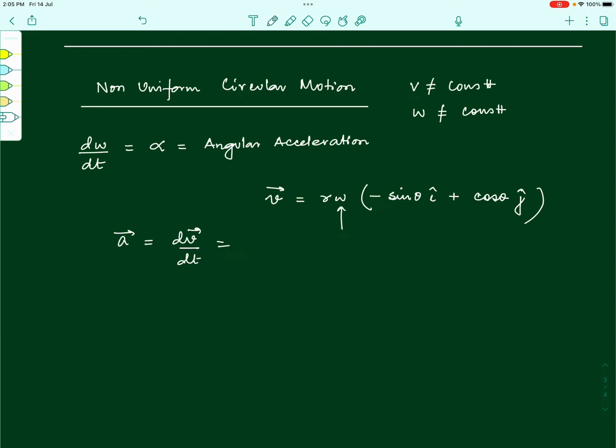One is omega and the other is this expression. Omega and theta both are variables this time. So what we do is we put r outside, which is still a constant, and we write d by dt of omega into minus sine theta i cap plus cos theta j cap.